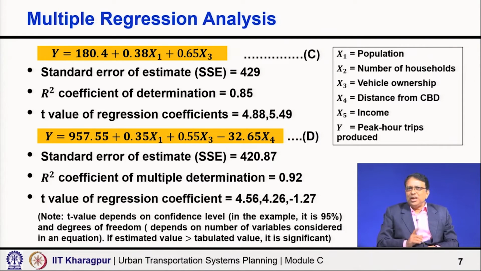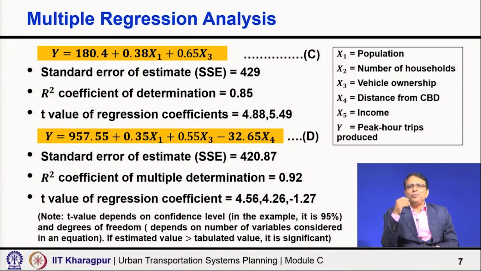But here what you find, this t value 1.27, it is not statistically significant, right. I have indicated here, if you want to calculate t value, you have to see the confidence level, you have to see what is the degrees of freedom, which depends on the number of variables considered in the equation, and then what is the estimated t value after calibration of the model. That estimated t value has to be greater than the tabulated t value.